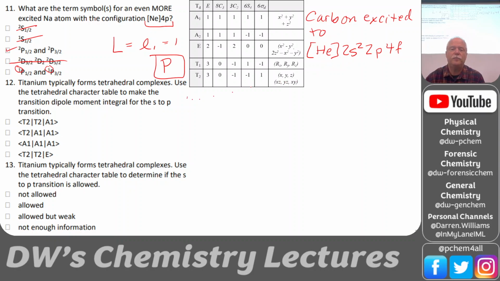All right, so we'll do L first. L equals L1 plus L2, all the way down to L1 minus L2, absolute value.